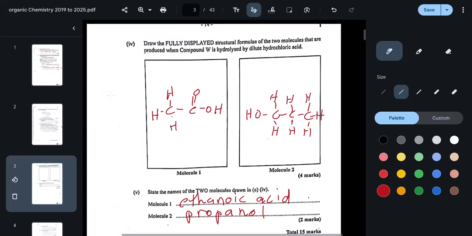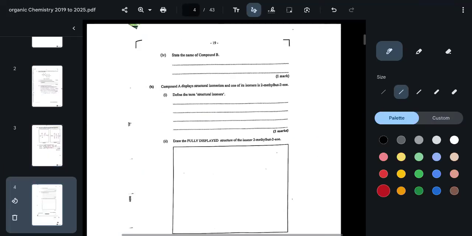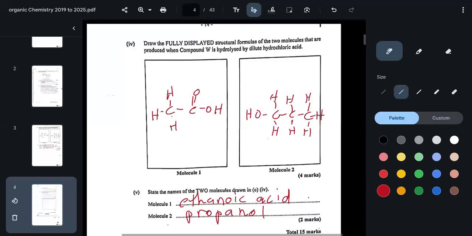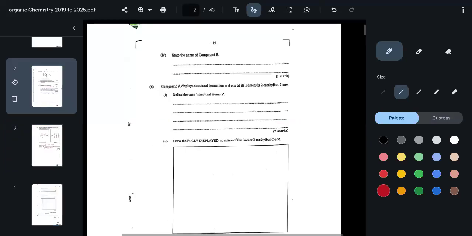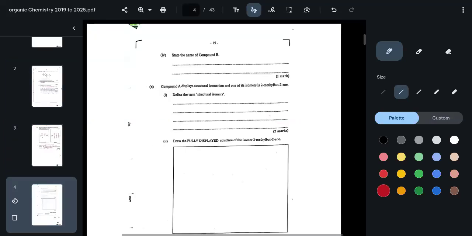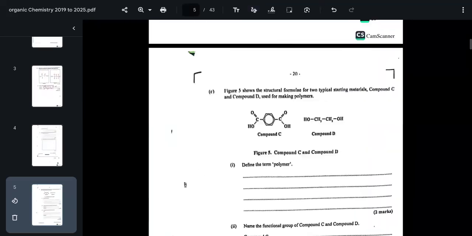Let me just save this as I go along. State the name of compound B. Hold on there. I think that. No, I think this. Oh, this is not in the right order. Let me see what would have. Let me see if it.